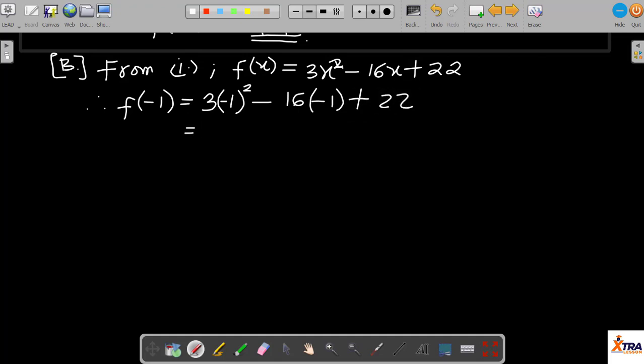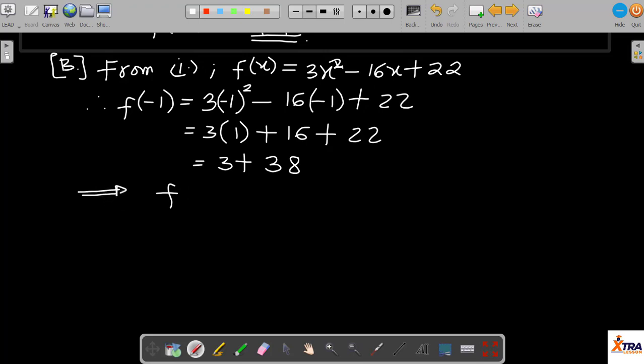This will give me 3 into minus 1 squared is 1, minus 16 times minus 1 is plus 16, plus 22. This gives me 3 plus, if I add these two, I have 38, giving my f of minus 1 to be 41 again.